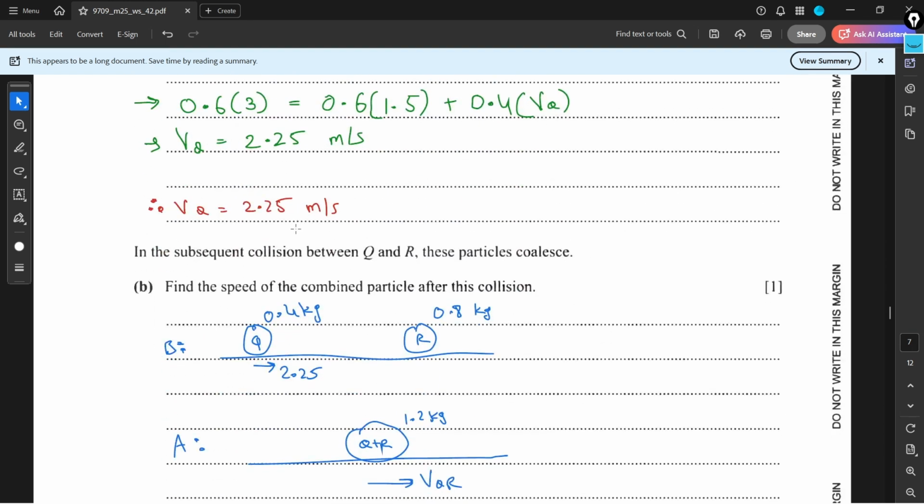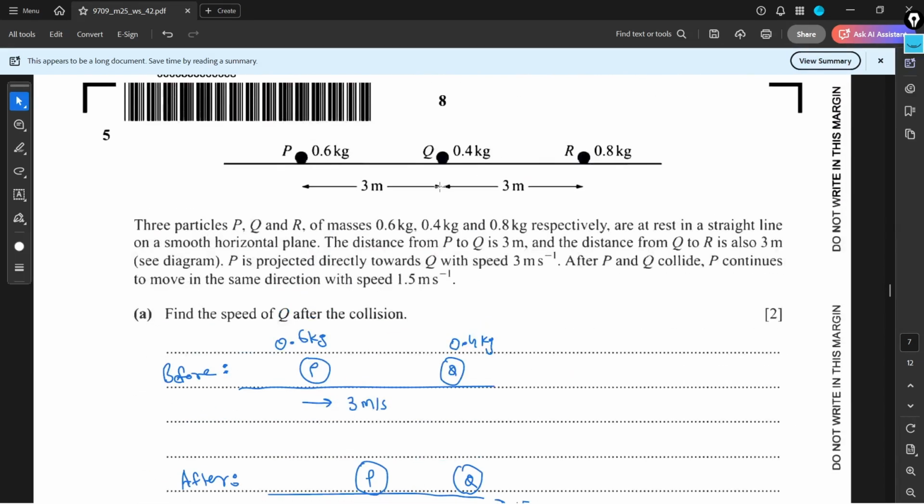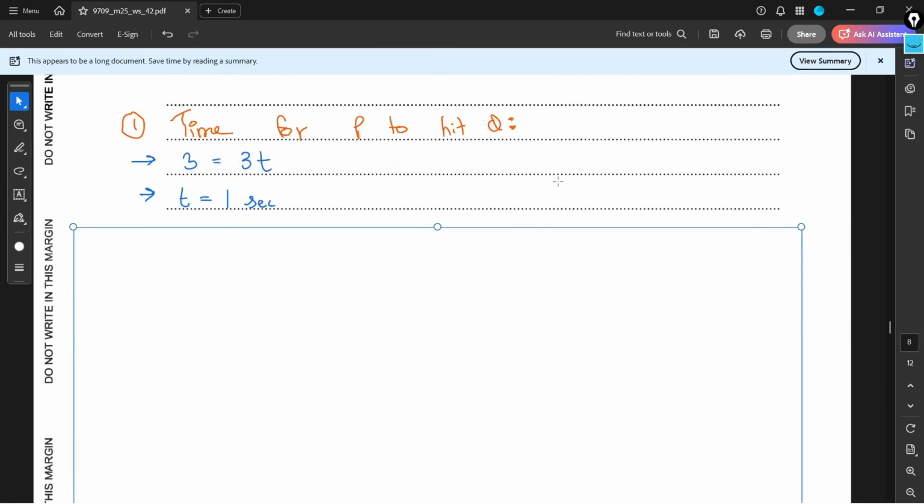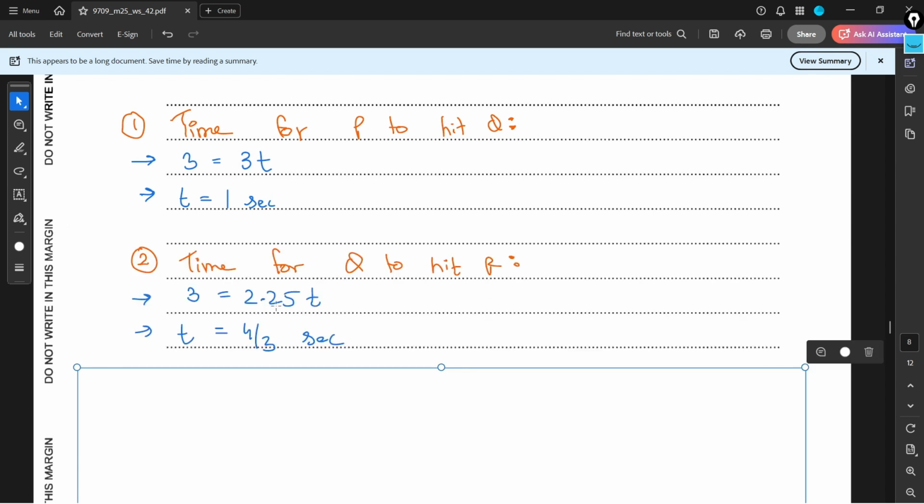And that value that we have figured out is 2.25 meters per second. And again, because it's traveling 3 meters, I can use S equals ut because again the acceleration is 0 over here. So if I can show it to you, it's over here. S equals ut and I got the value of t as 4 by 3 seconds.